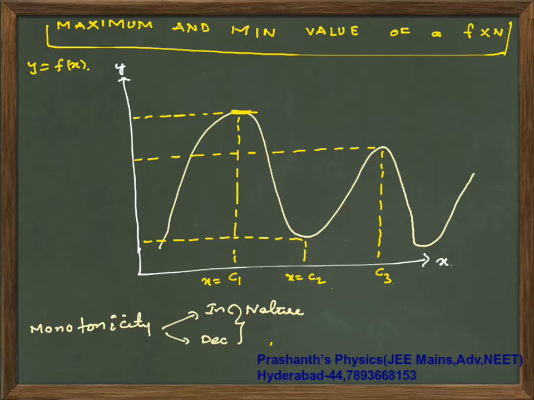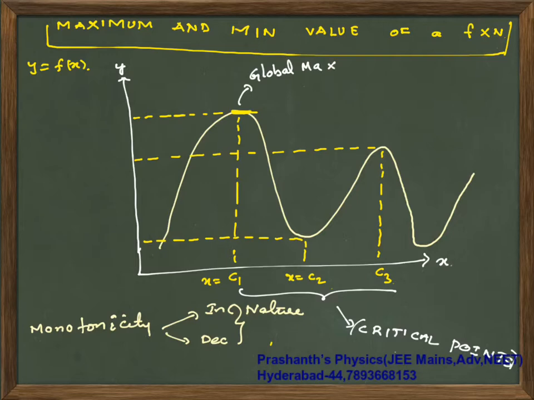So at critical points your function changes from increasing to decreasing or vice versa. So now this is your, indirectly I can write it as global maxima because it is the biggest of all. And it is your local minima.